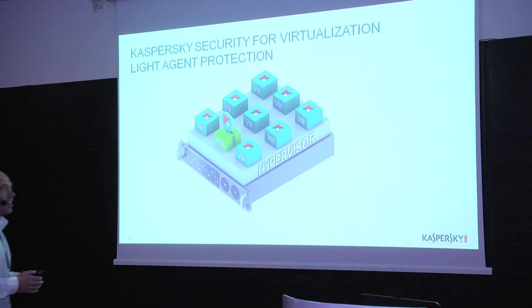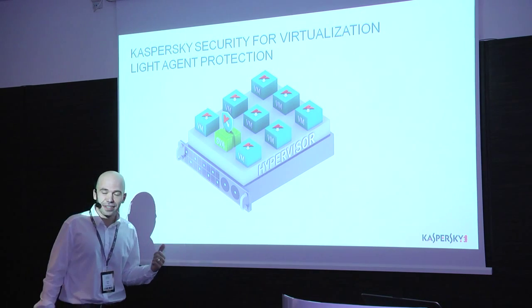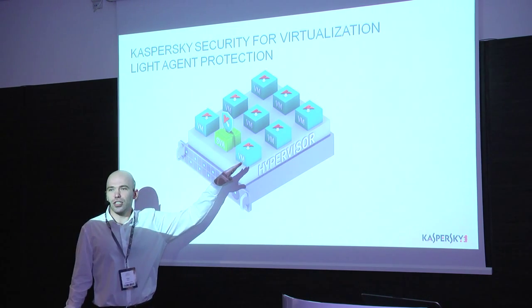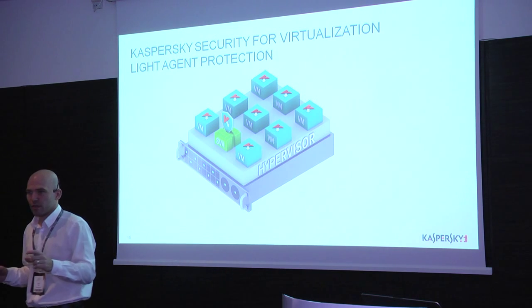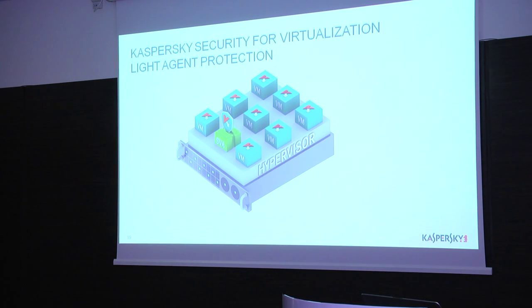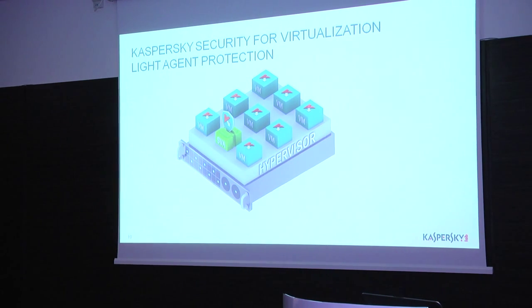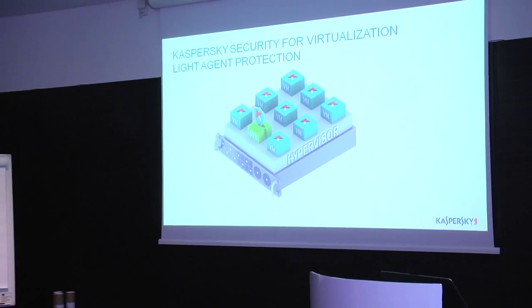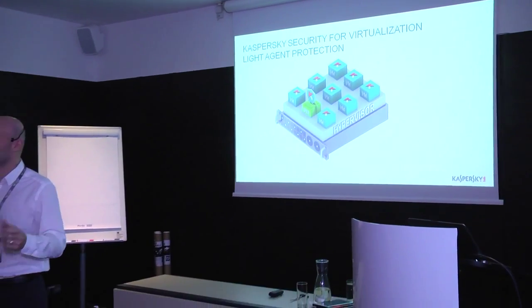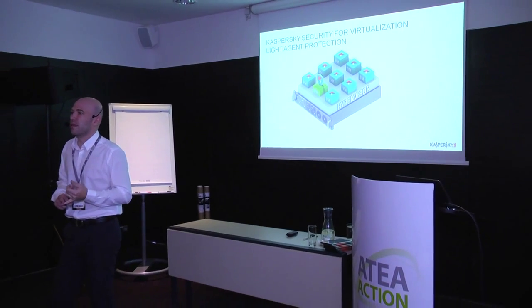It's similar to the other one, but on every virtual machine we have a light agent. What is the beauty of this light agent? It offers us a new layer of security. Imagine you have a normal traditional antivirus, but with light resource consumption.